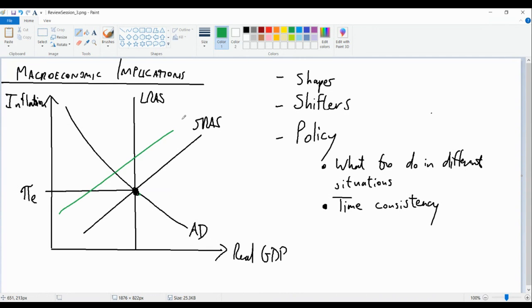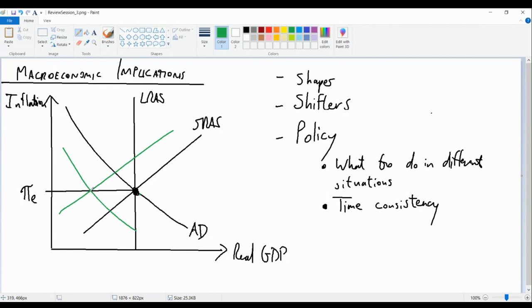Actually, in the case of both. In the case of a supply shock, what macroeconomists tend to think is the right thing to do, which is to try and keep expected inflation under control, is clearly not going to be popular.